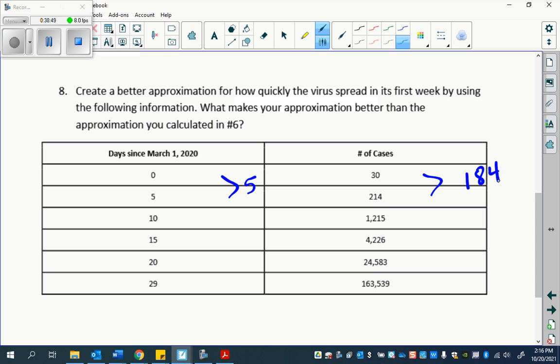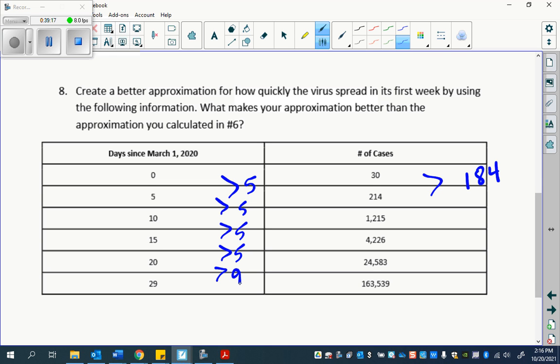So what you can do for each of these intervals of 5, this last one is 9, check out this one. 163,539 minus 24,583. Divide that by 9.